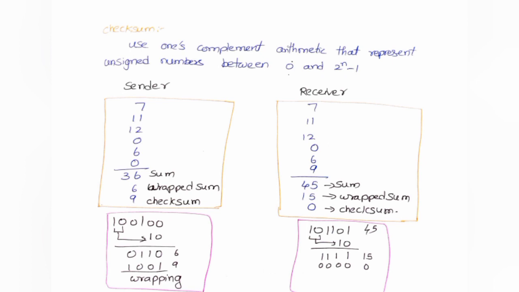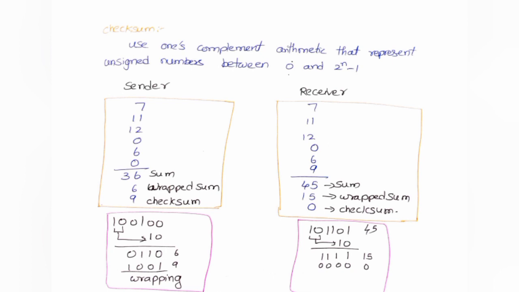If you apply the ones complement, then we will find the checksum of the given message, that is 1001. This is transferred along with the original data to the receiver. If there is any change in the original data, it will check whether the data received is correct or not by calculating the checksum.